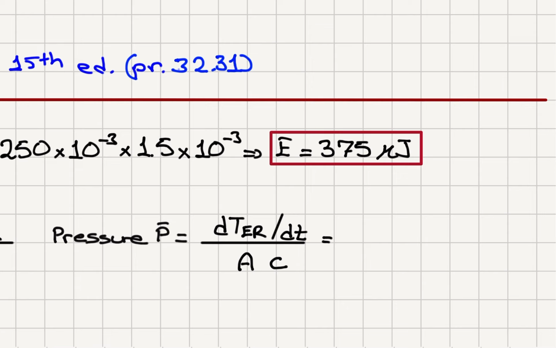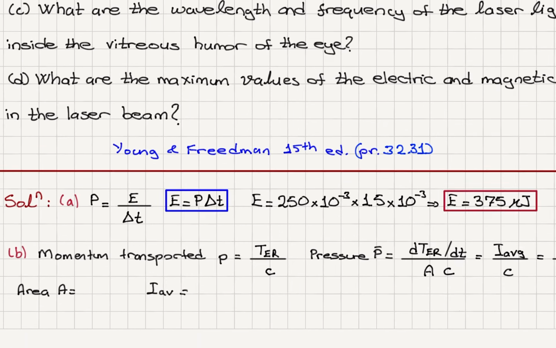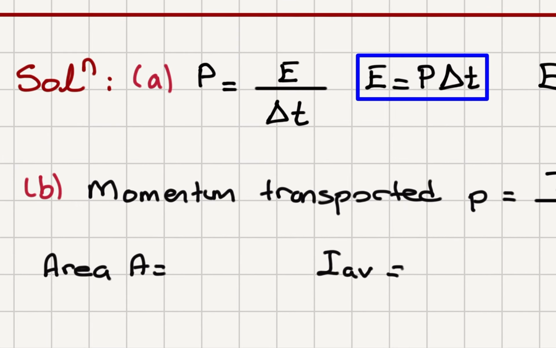That's power per area, which is intensity. So this is the average intensity divided by the speed of light. And we know that the average intensity is simply the average value of the magnitude of the Poynting vector, and we have to divide it by the speed of light. Now, what is the perpendicular area for this beam?